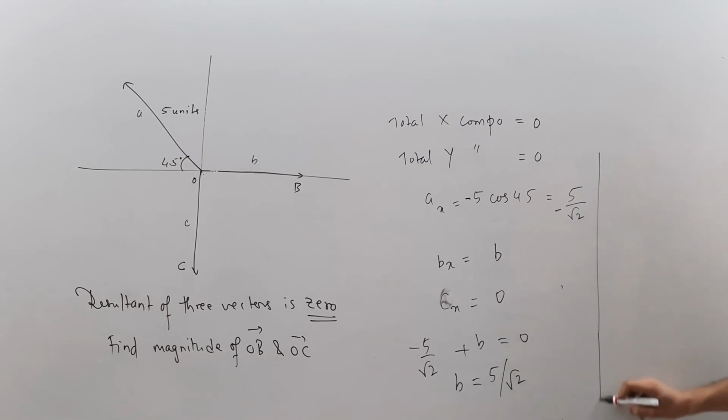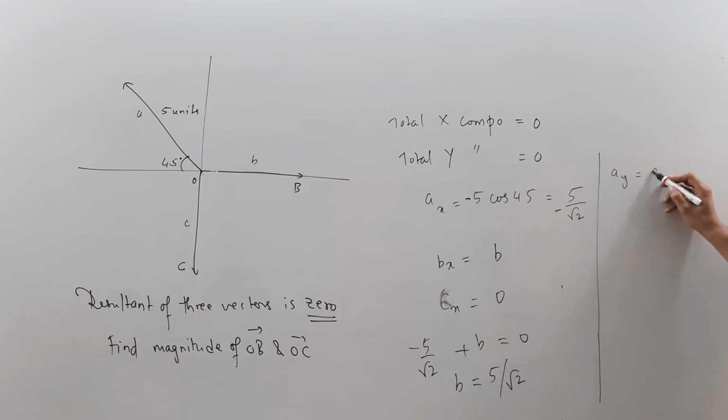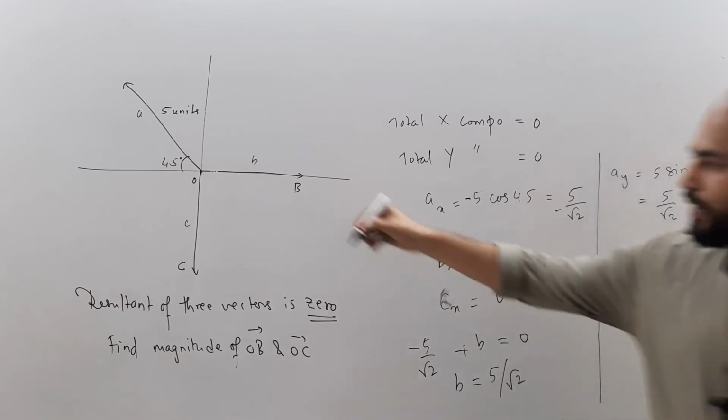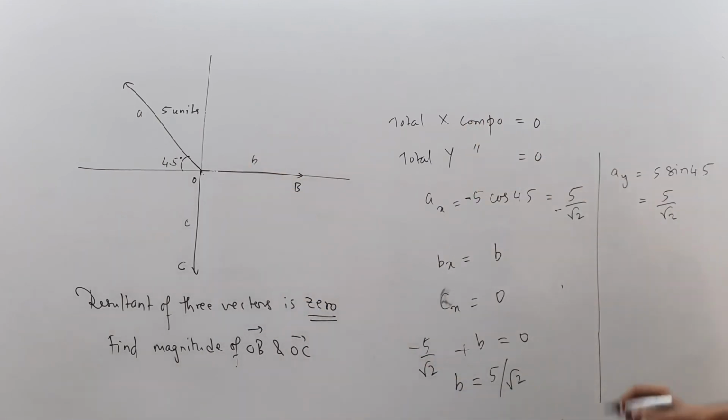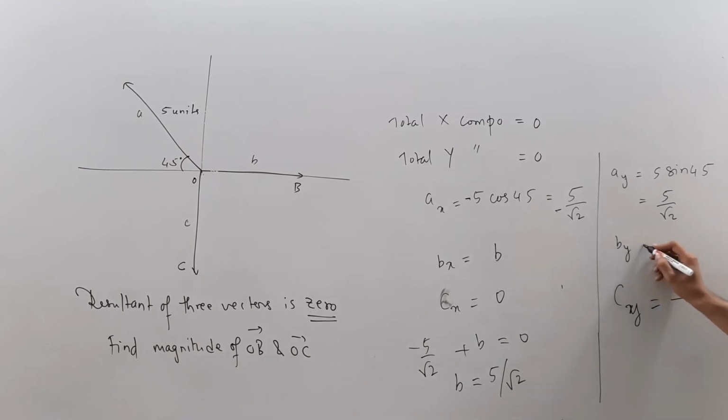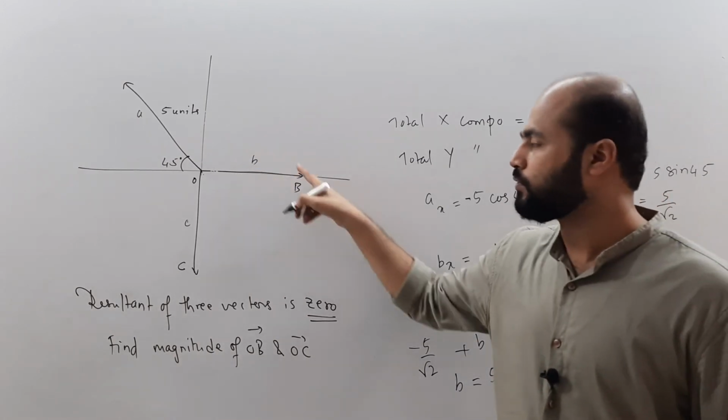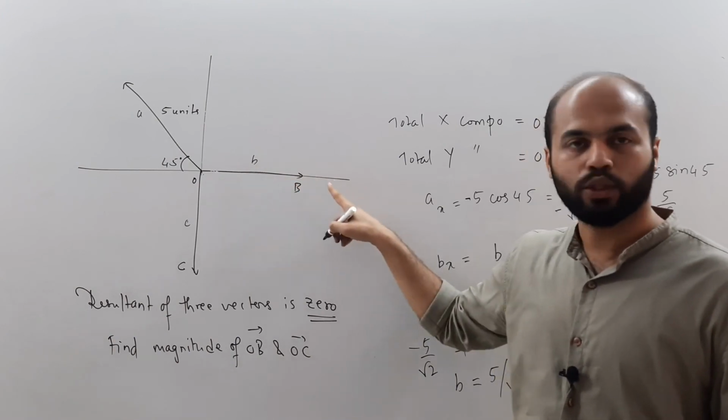Let's do the same process for y also. So Ay is going to be A sine 45, 5. So this is going to be 5 by root 2. And this vector, as you can see, is downwards. So we will write Cy is equal to minus C. By, you can see that there is no component for y because it is totally horizontal.